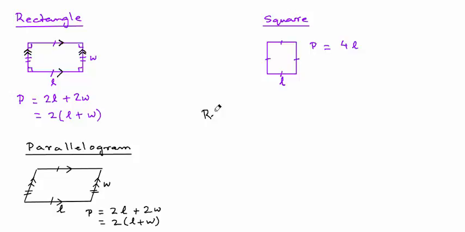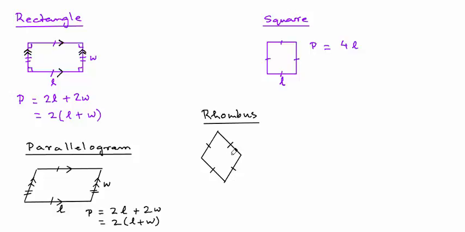A rhombus is a four-sided shape or a quadrilateral in which all four sides are the same length. This side, this side, this side, and this side are all the same length.